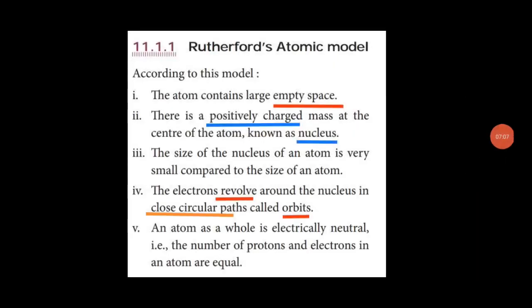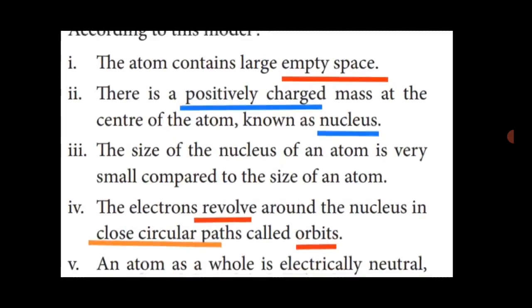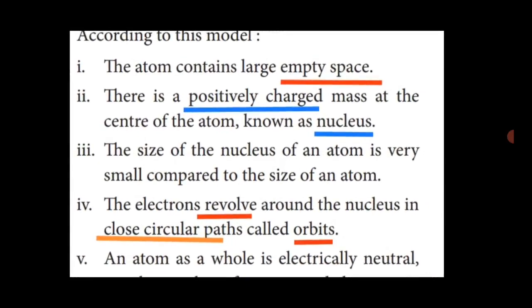The Rutherford atomic model explains the following concepts. First, according to this theory, the atom contains a large empty space around the nucleus. Second, there is a positively charged mass at the center of the atom.